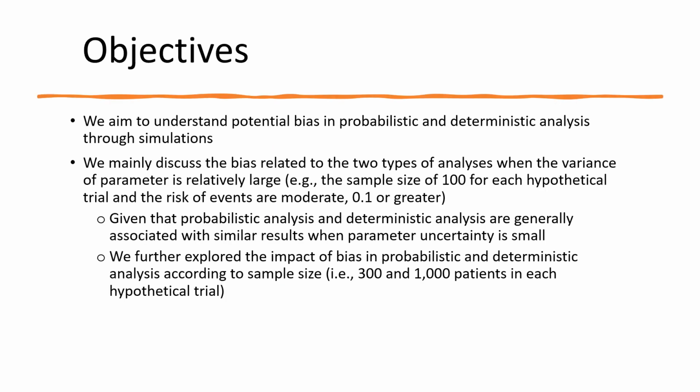We aim to understand potential bias in probabilistic and deterministic analysis through simulations. Given that probabilistic analysis and deterministic analysis are generally associated with similar results when parameter uncertainty is small, we mainly discuss the bias related to the two types of analyses when the variance of parameter is relatively large, the sample size is 100 for each hypothetical trial, and the risk of events is moderate, 0.1 or greater.